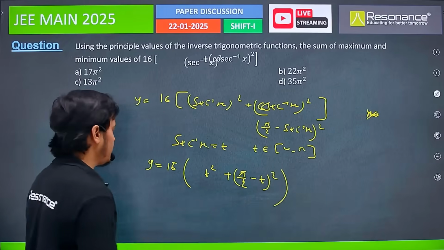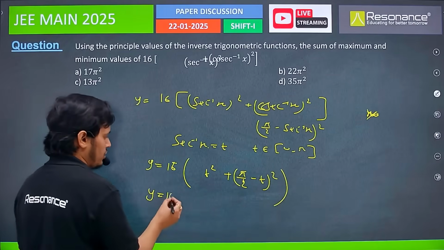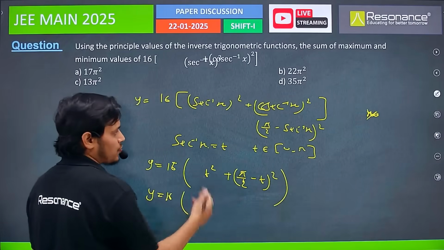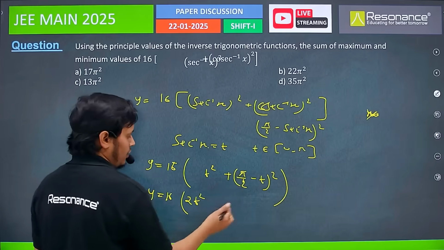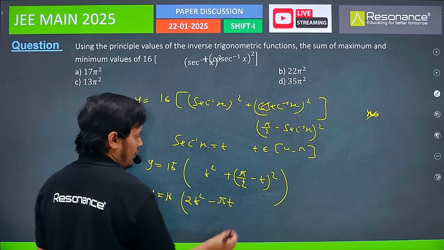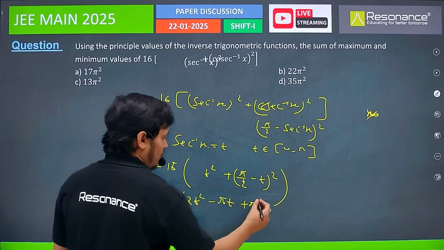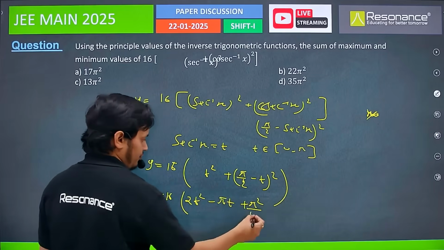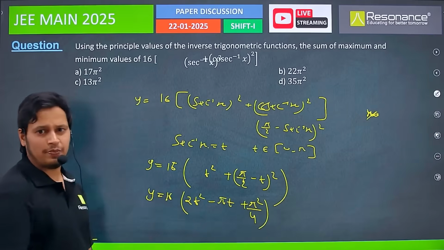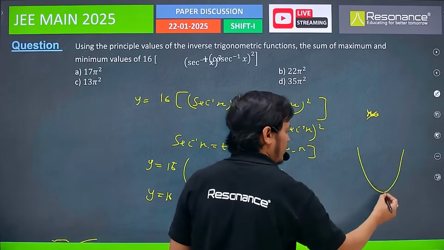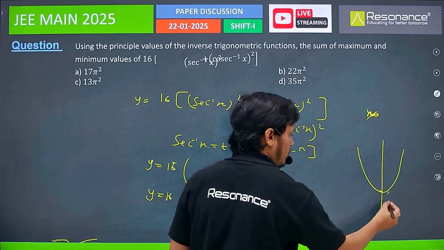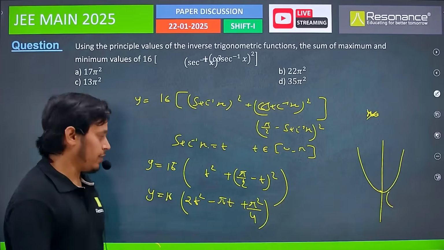Now this is a parabola, y equal to 16 times. If we expand it, then 2t square minus pi t plus pi square by 4. Now this is a parabola, and if you draw the graph, then the vertex will be minus b by 2a comma minus d by 4a.